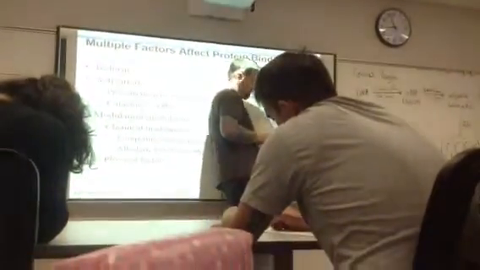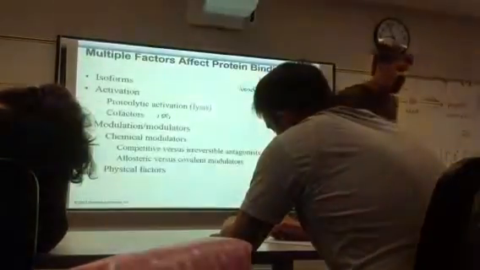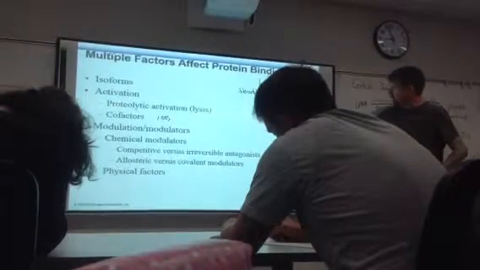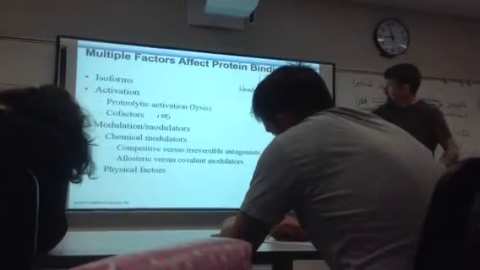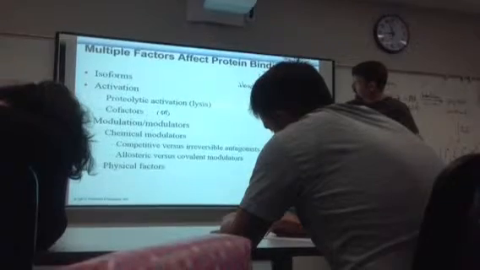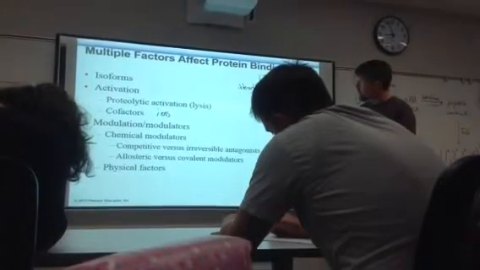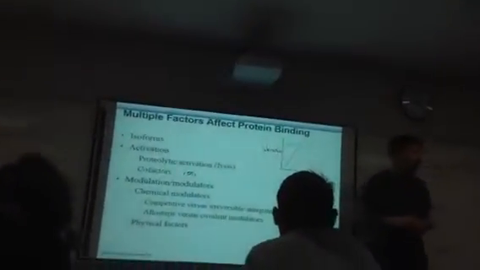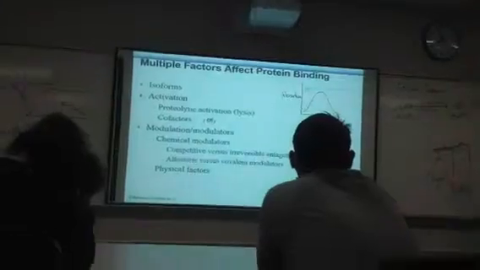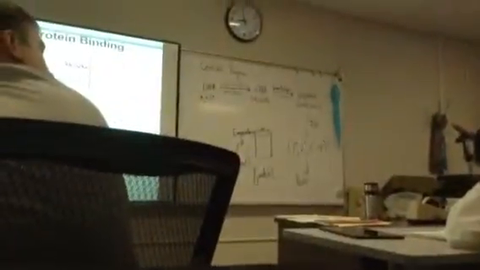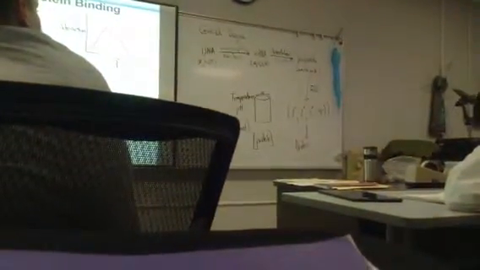Now, the reason you get the shape of this curve is really for two different reasons. Why does interaction increase with temperature? What's that? More what? Exactly. Molecules move around faster, right?